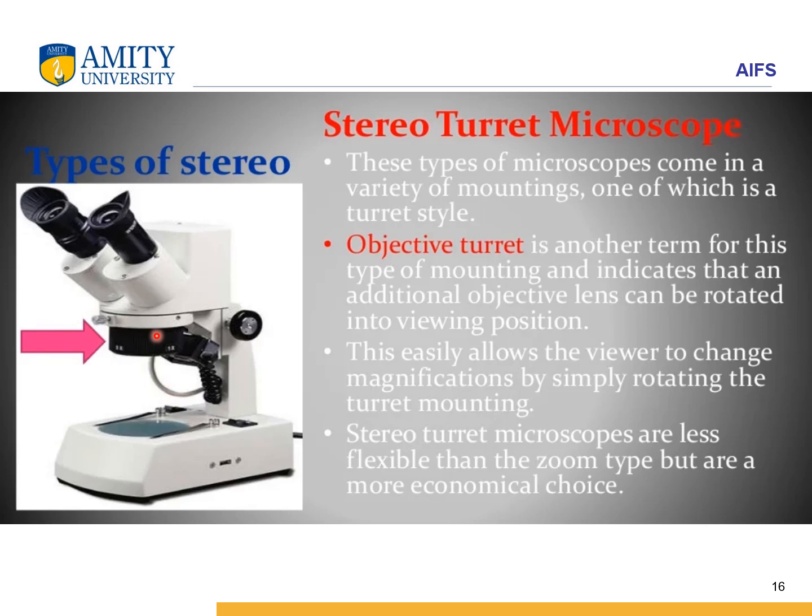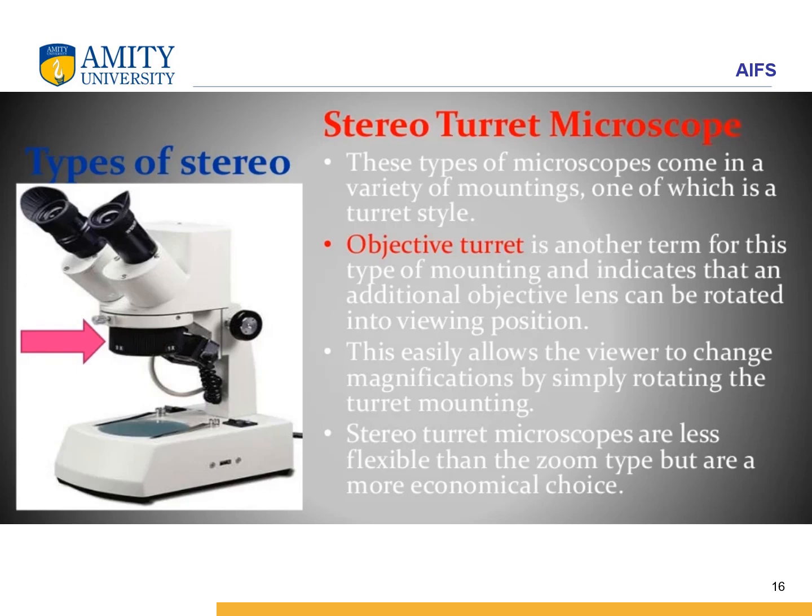Turret means a very small tower on the top of a large building. So it is a small tower, or you can say it is one small objective which can be adjusted. Comparatively this is more economical.